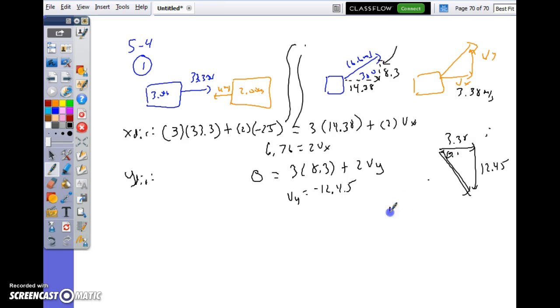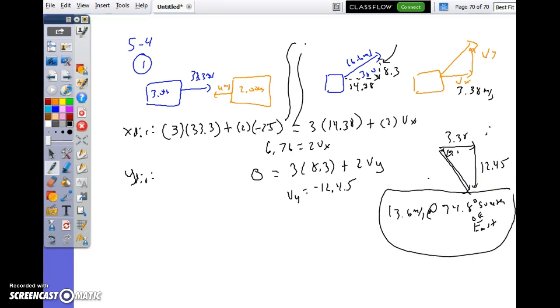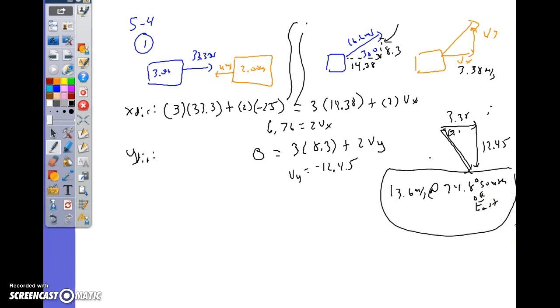So I got 13.6 meters per second at 74.8 degrees south of east. Make sense?